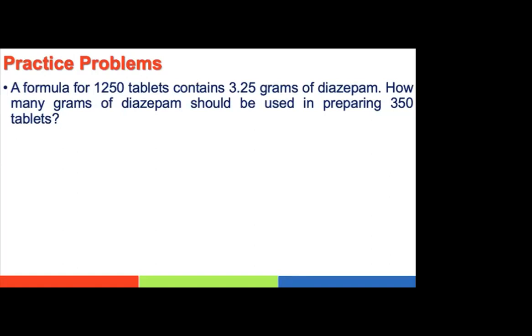Just use ratio and proportion again: 1,250 tablets over 3.25 grams of diazepam equals 350 tablets over X. Don't forget to write the unit. Then you solve for X. Based on the numbers given, your answer must be lower than 3.25 grams, because only 350 tablets are being asked.